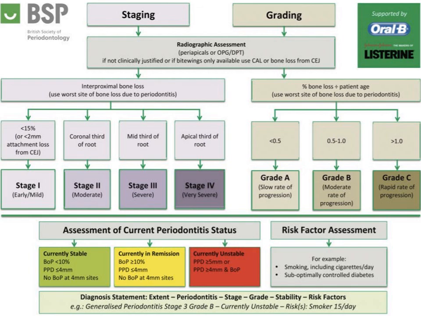And fourth, determine the stability of disease by measuring the bleeding on probing percentage score. Finally, mention if there is a risk factor associated with disease progression, such as smoking and diabetes. Thank you for your nice attention.